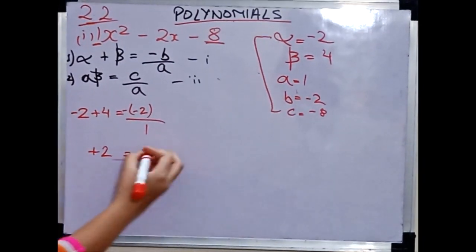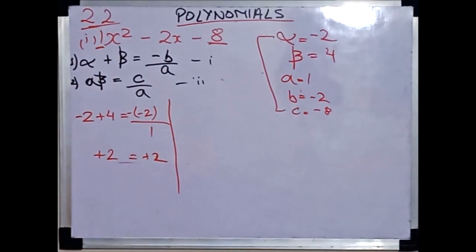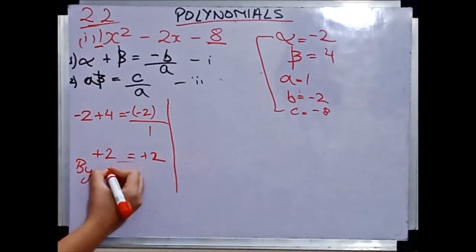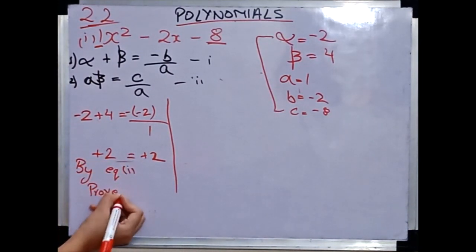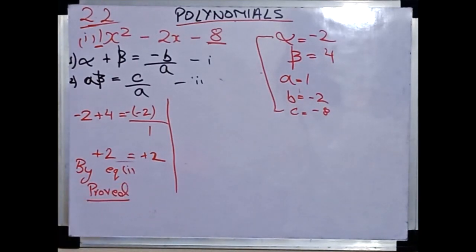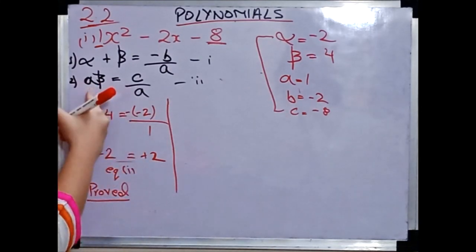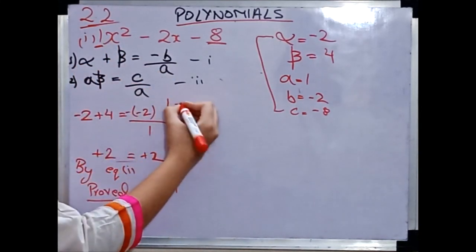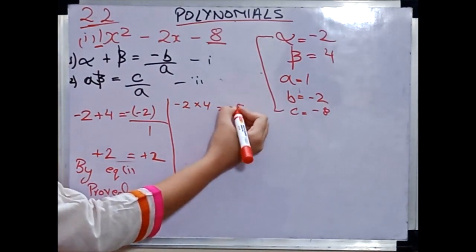Now we'll do the second case. By equation 1 we have proved it, but in the question you have to do it for both. So alpha into beta, minus 2 into 4, is equal to c upon a, that is minus 8 upon 1.